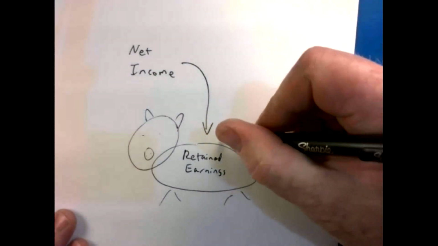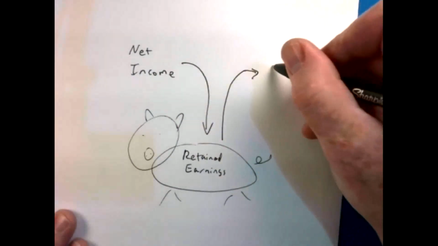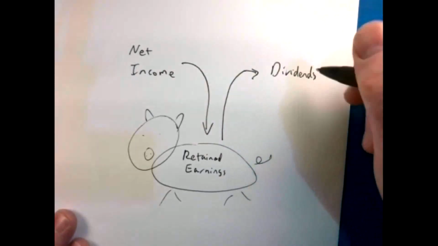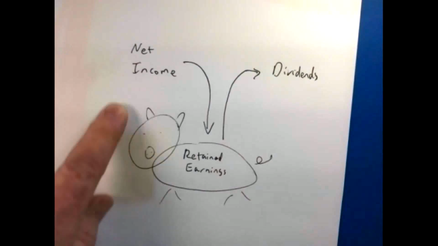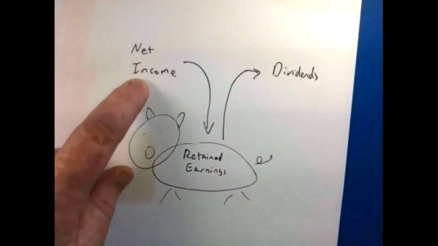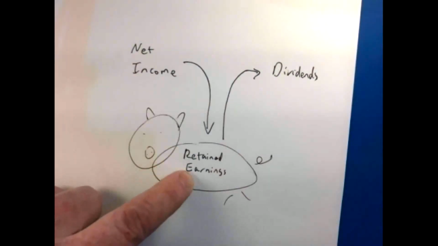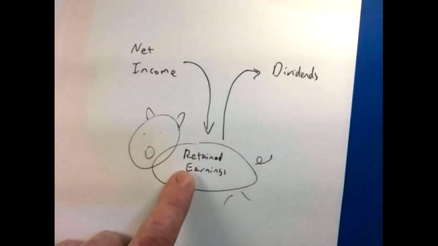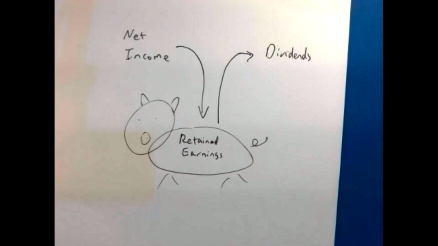And then the owners will take out dividends out of the piggy bank. Net income and earnings are the same thing. That's why retained earnings is really retained income. Income goes into the piggy bank, and then the owners will take money out of the piggy bank.